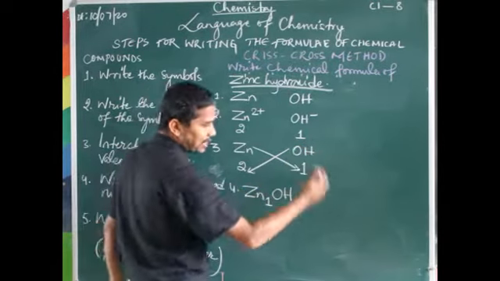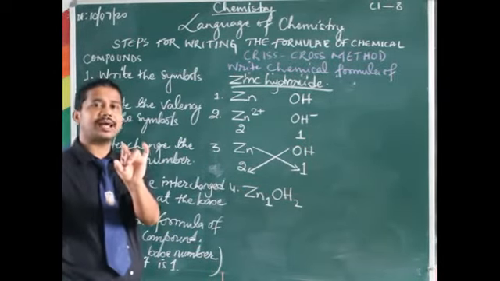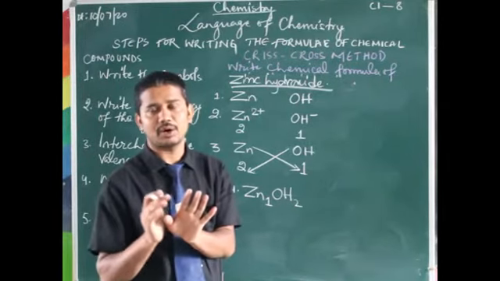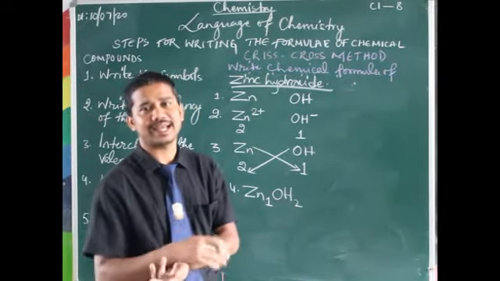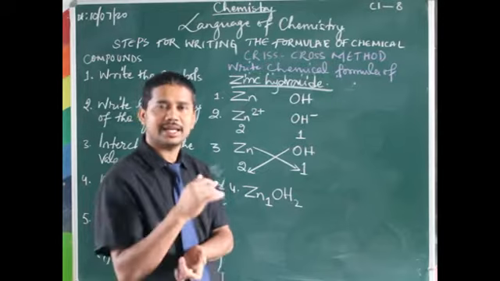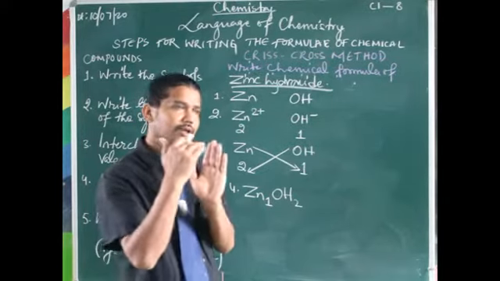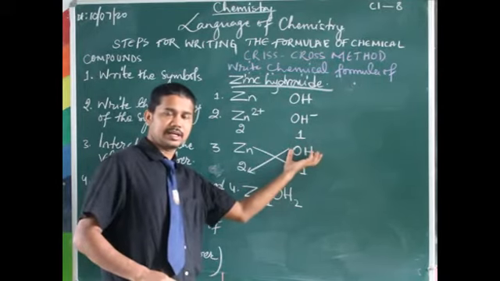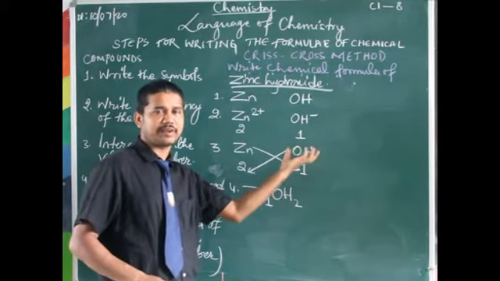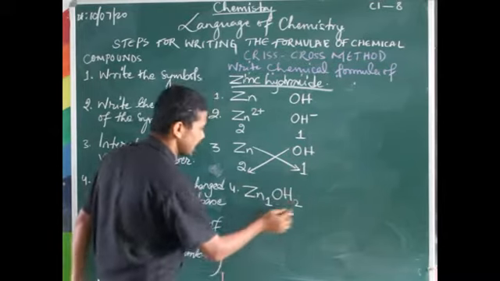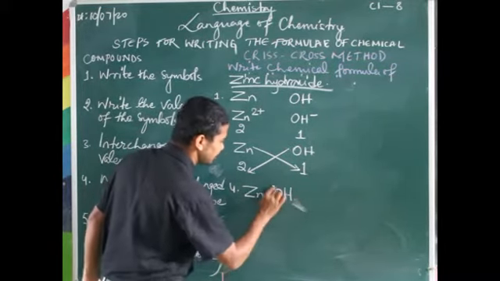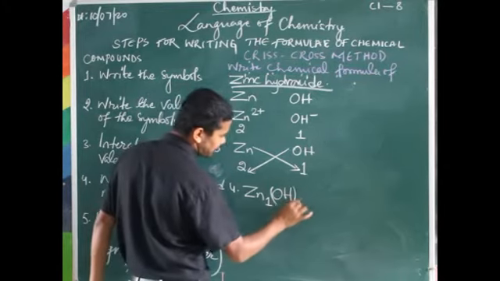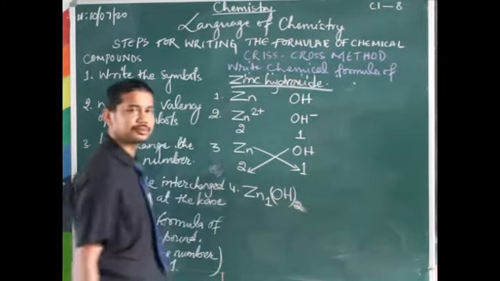Whenever there is a single atom, or a single element like chloride, oxide, fluoride, then you can write it directly. But whenever there is a group of atoms in the radical, make sure you write it within a bracket, and then outside the bracket you write 2.